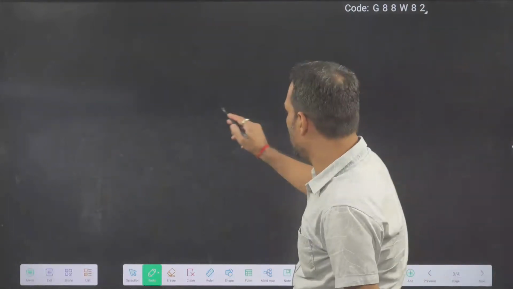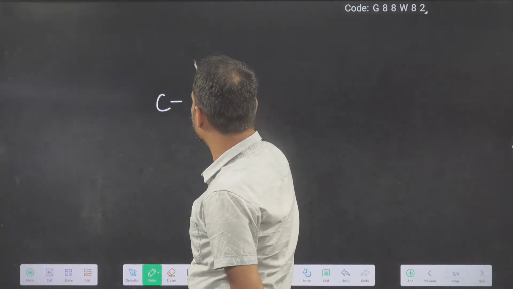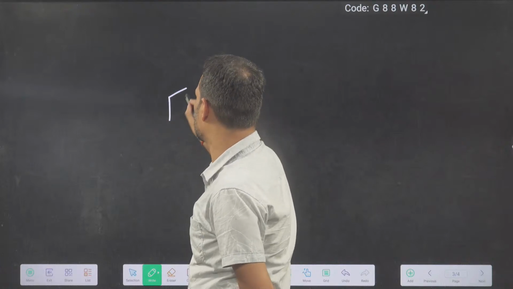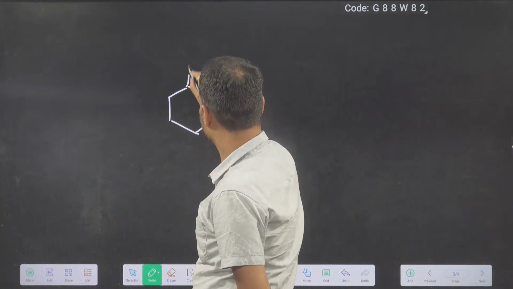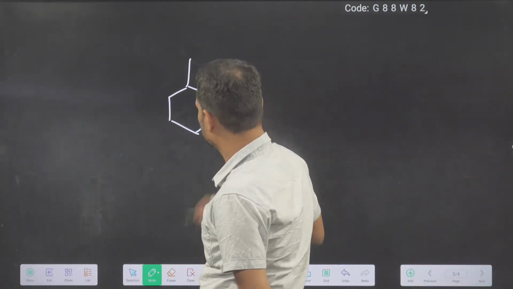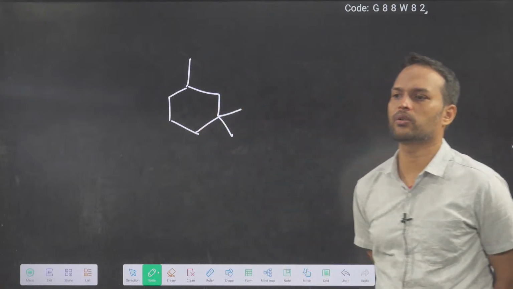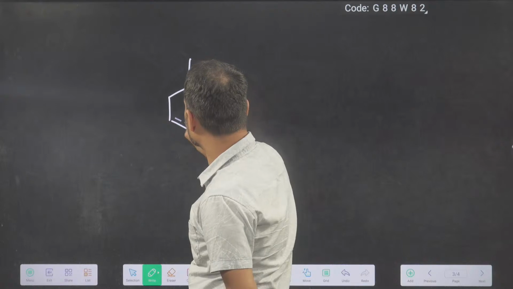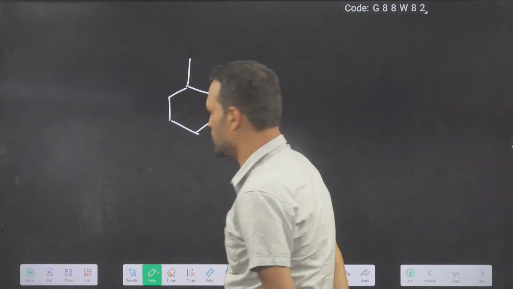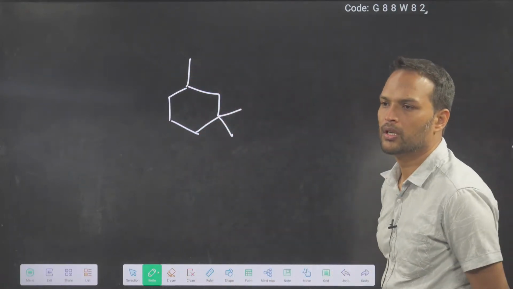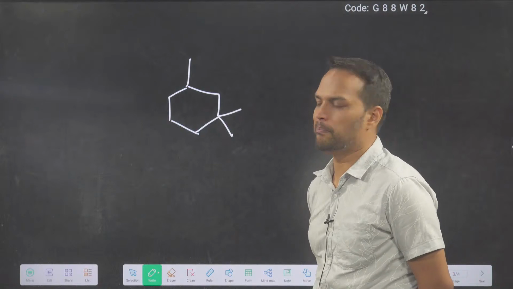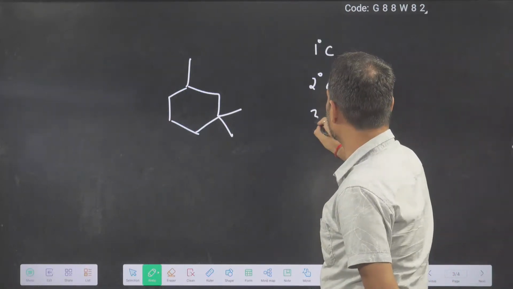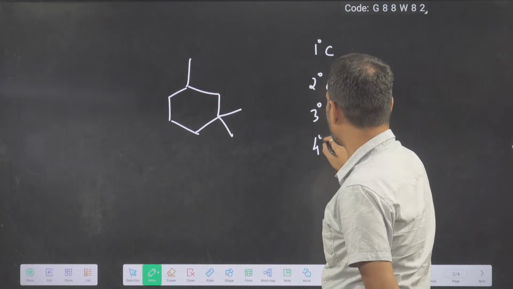So let's take the above question once again. Or let's do some other question. This is the question. Let's do a basic question first. First of all, everyone mark carbon: 1 degree carbon, 2 degree carbon, 3 degree carbon, 4 degree carbon.